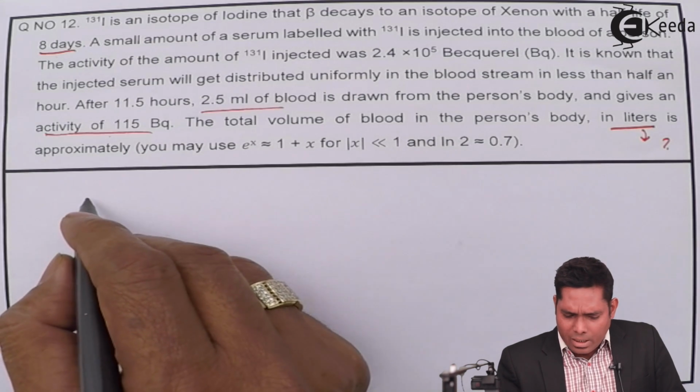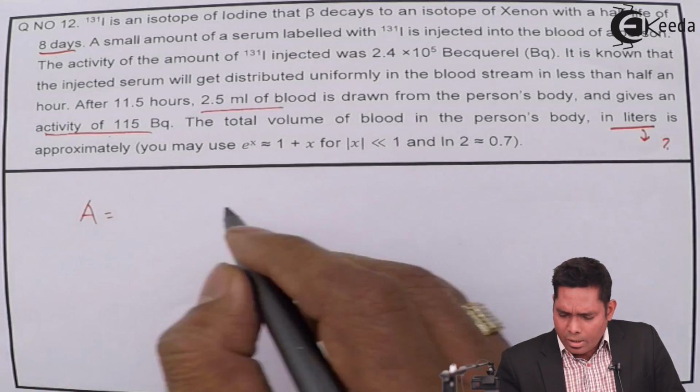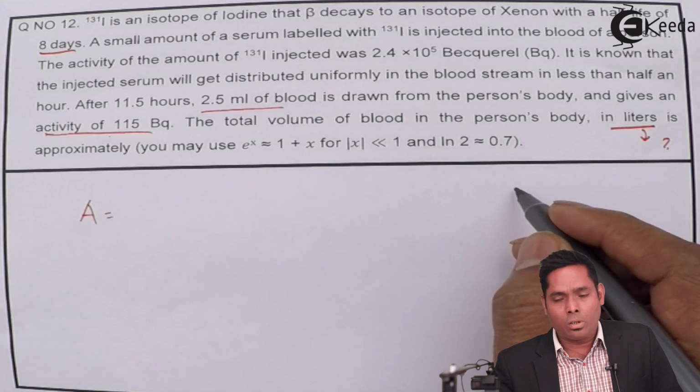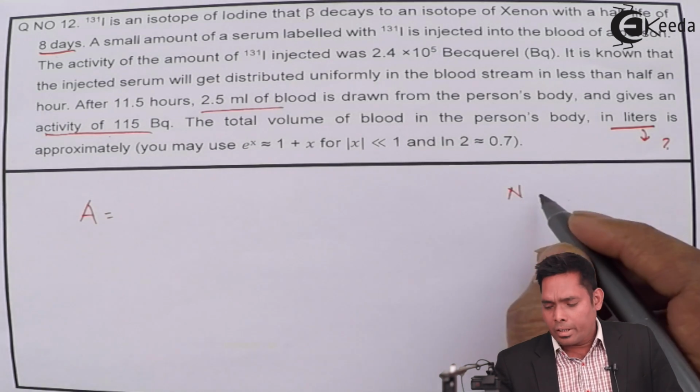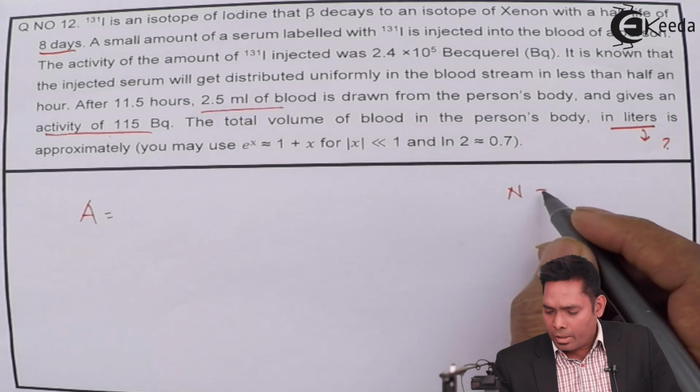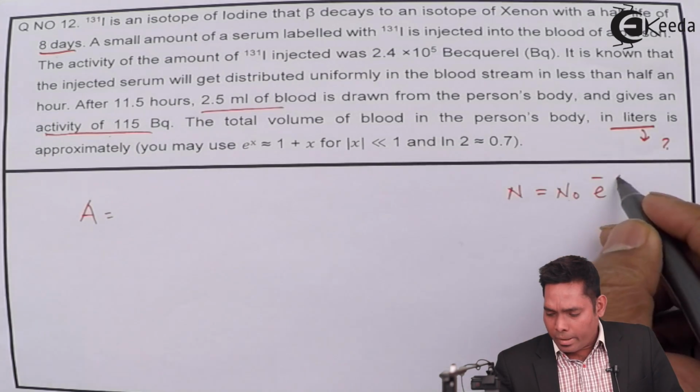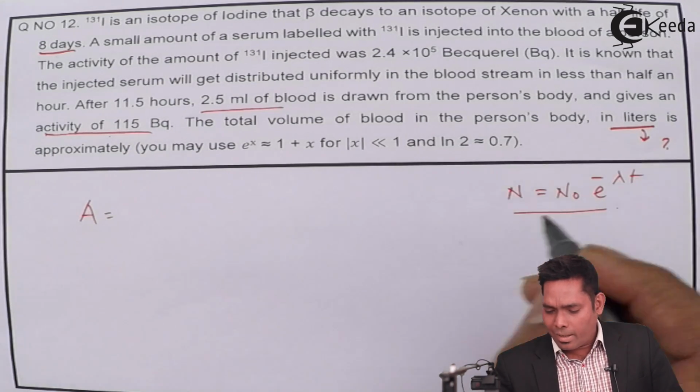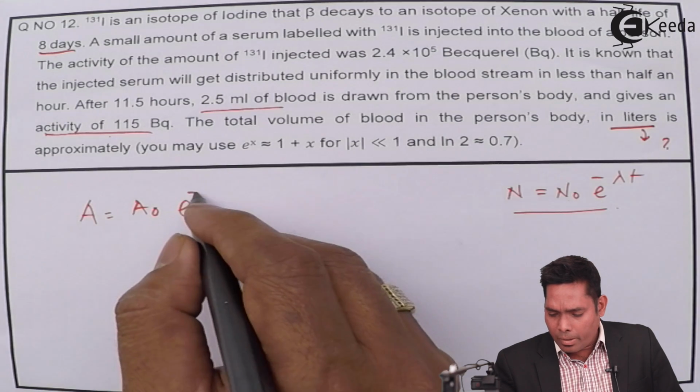Now we know the decay law: N equals N naught e raised to minus lambda t. Based on this, the activity is A equals A naught e raised to minus lambda t.